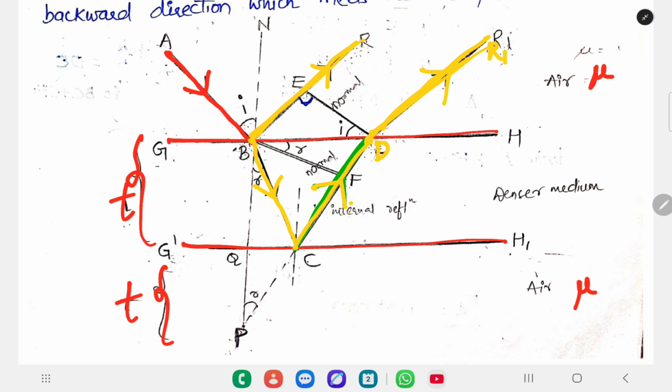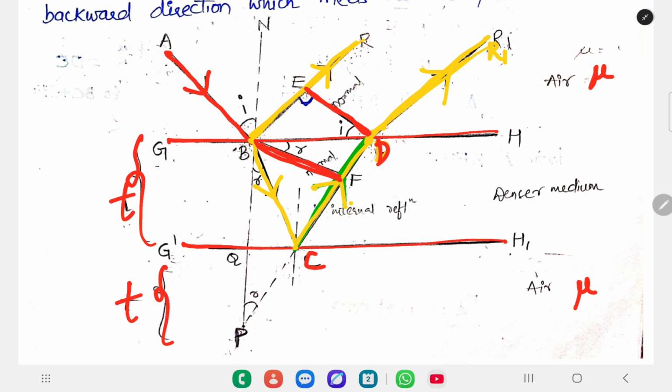Our aim now is to find the effective path difference between these two rays, BR and DR1. For this purpose, we draw a normal DE on BR, and we also draw a normal BF on DC.